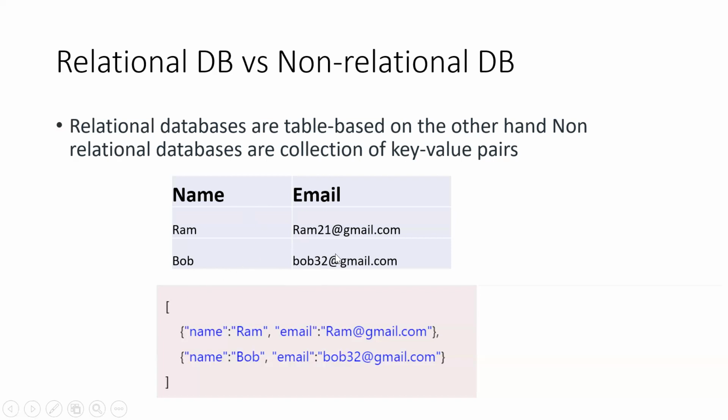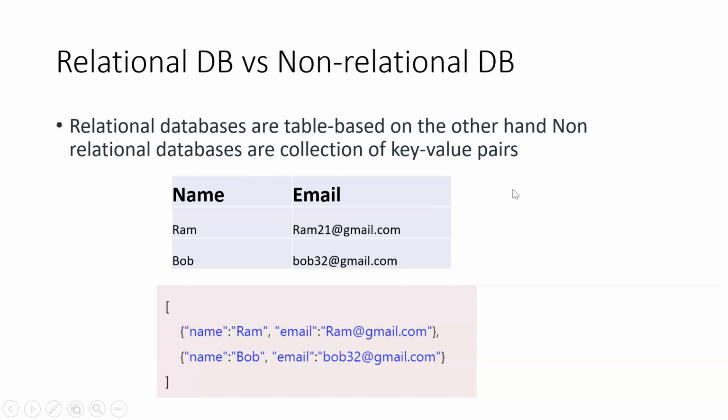This is how we store data in a relational database. We have a fixed tabular structure. Not only fixed, I can also change the tabular structure anytime. Suppose a requirement comes that I need to store an employee's phone number as well.